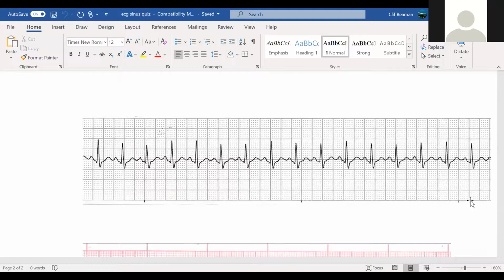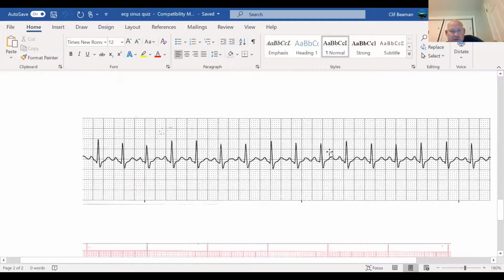That puts us outside of the sinus rhythm and throws us into sinus tach if we meet everything else. Do we meet all the rest of the stuff? Absolutely. The QRS is narrow enough. The PR interval is within limits. We have all the parts: the P waves, the QRSs, the T waves.